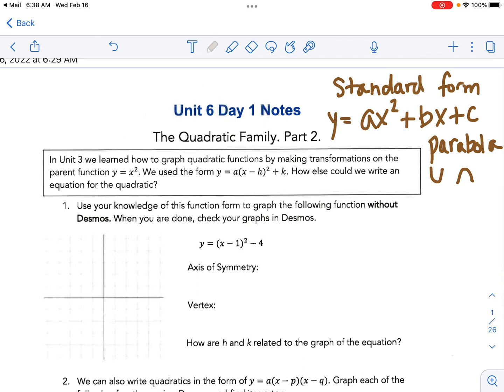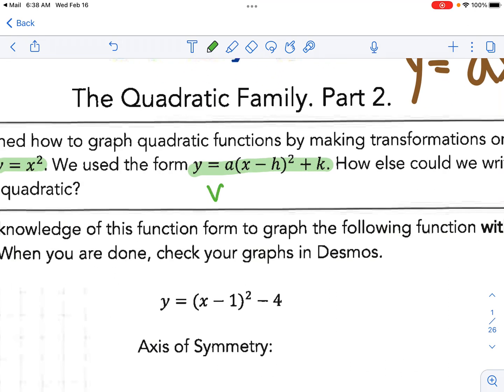And so we're going to go back to that vertex form of the quadratic. And remember, if you remember back, the parent function is y equals x squared, and then this was the vertex form of that.